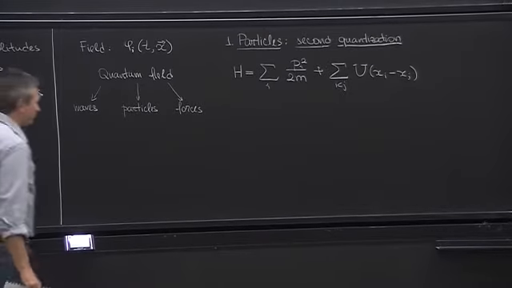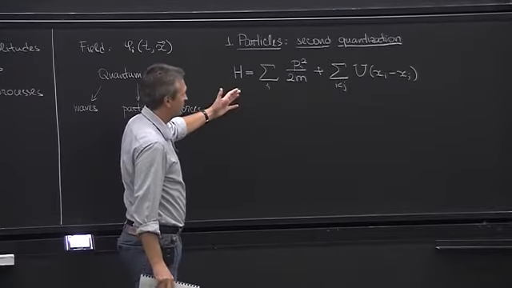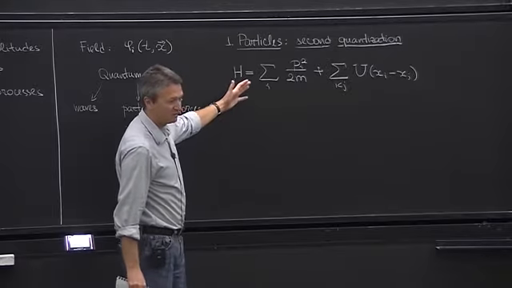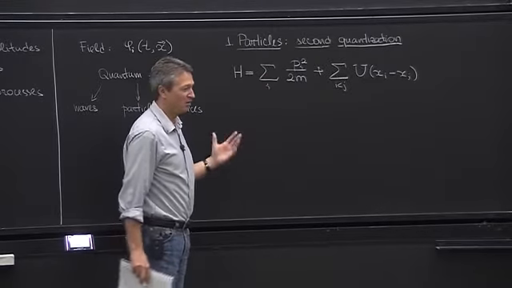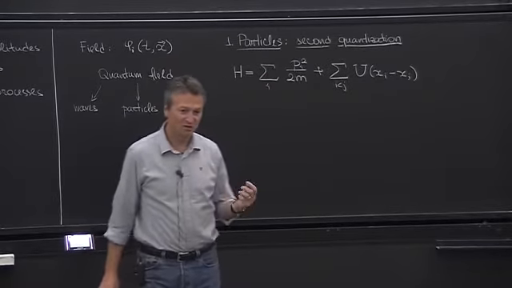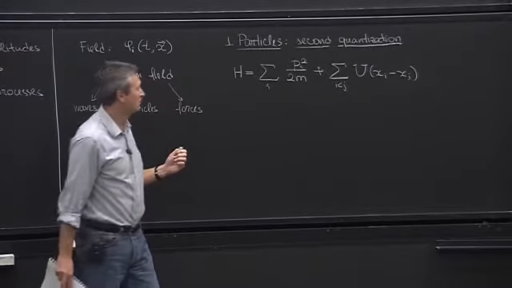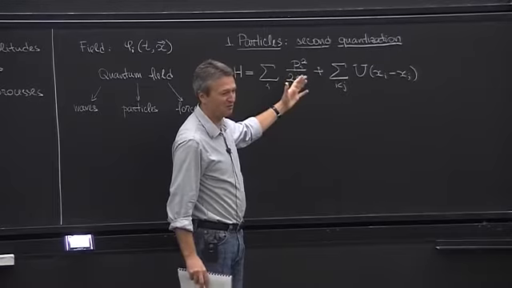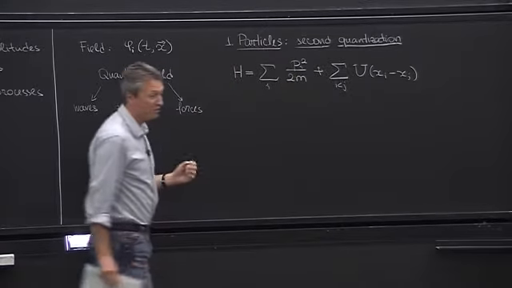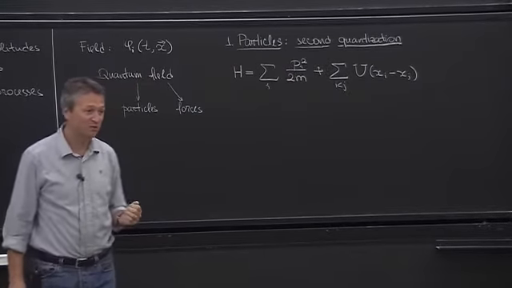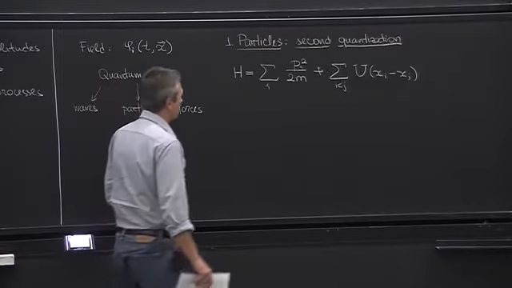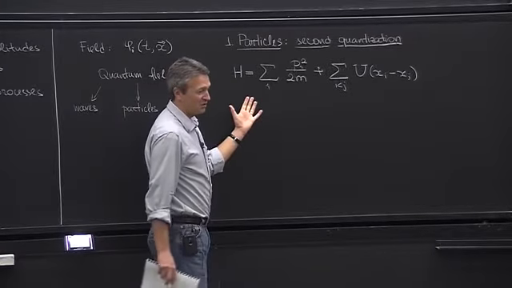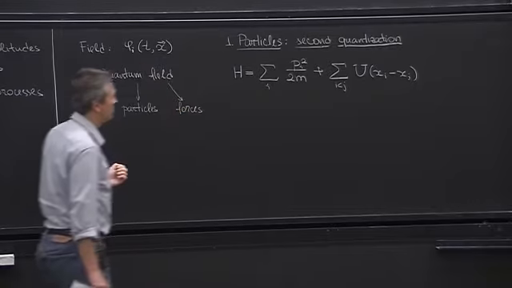So what do we do with this Hamiltonian? We can easily write down the Schrödinger equation for it. But if you imagine that the number of particles here is 10 to the 23, or even, I don't know, a few hundred, then solving this equation will be hopeless, even with a computer. But obviously, this is a situation that happens many times in physics.